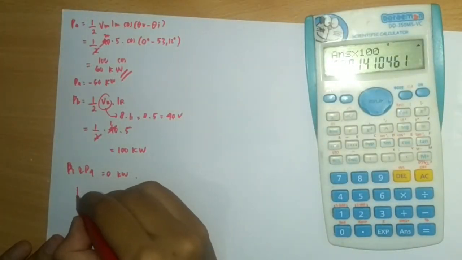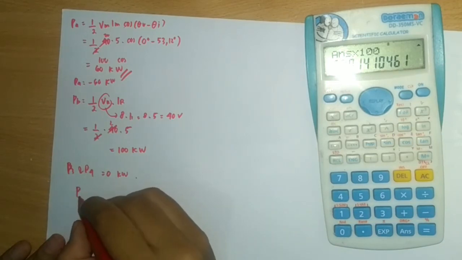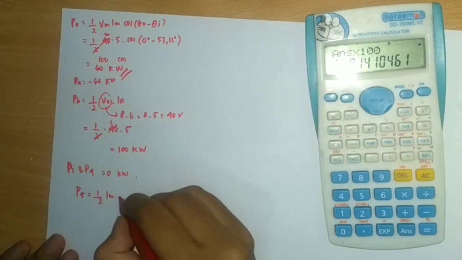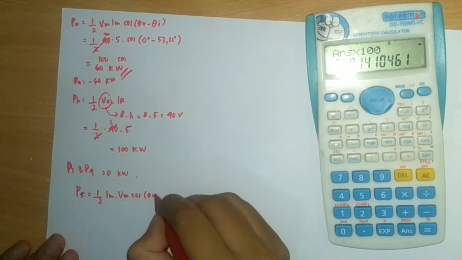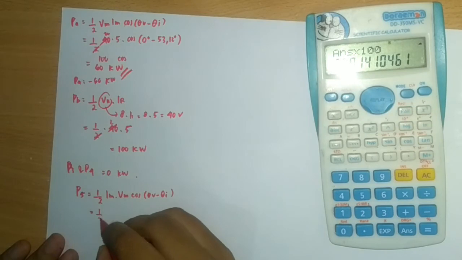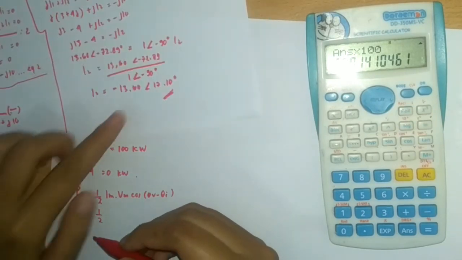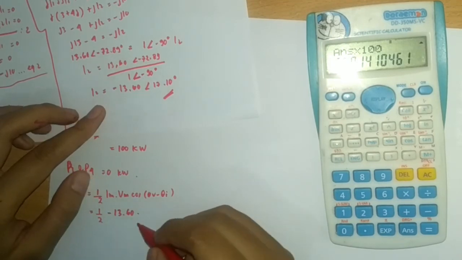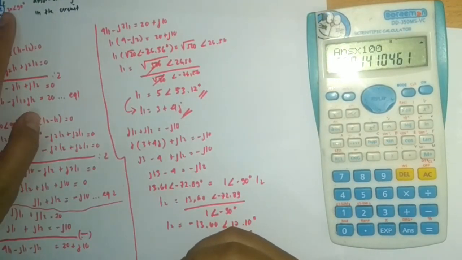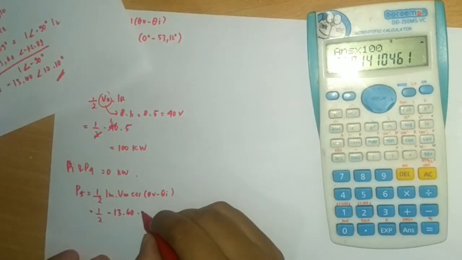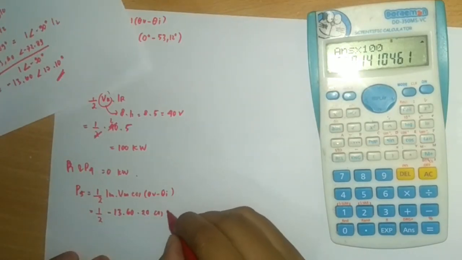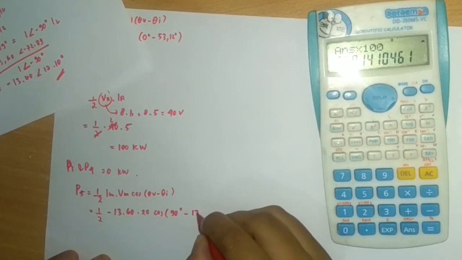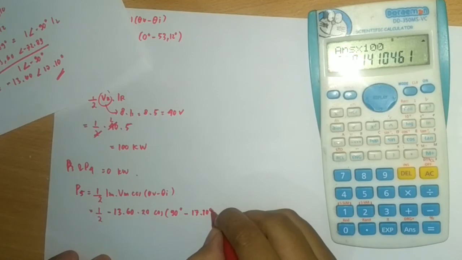Next, we find the fifth component. P5 is 1 divided by 2 Imax Vmax cosine of (theta V minus theta I). Imax is I2, which is 13.60, Vmax is 20. Theta V is 90 degrees, minus theta I is 70.10 degrees.